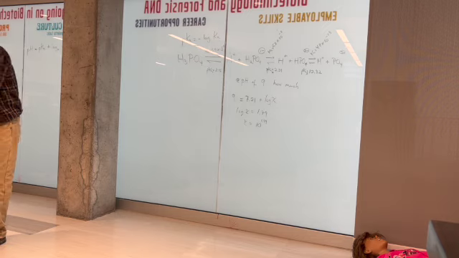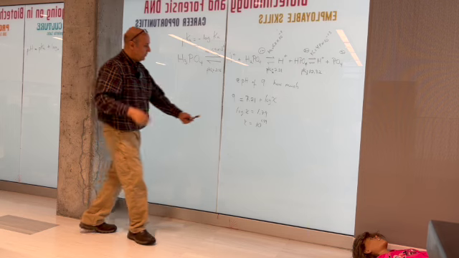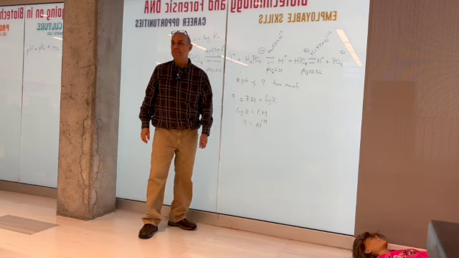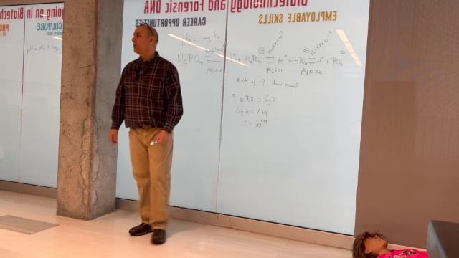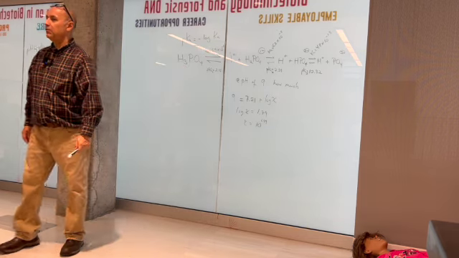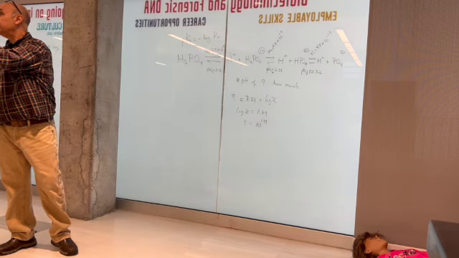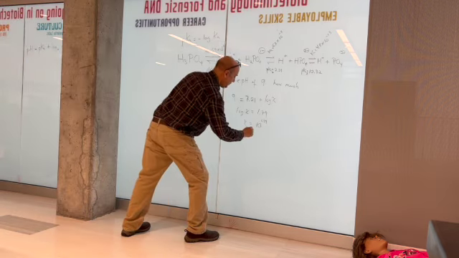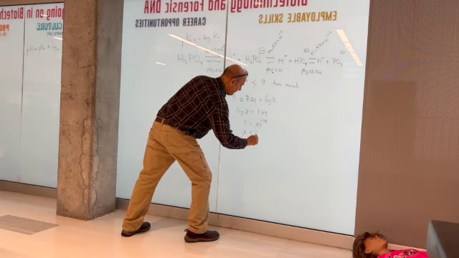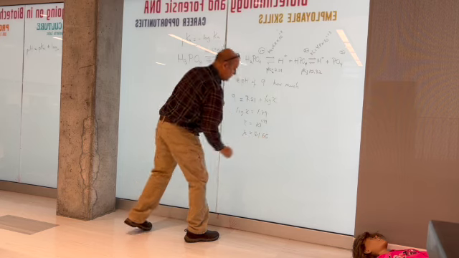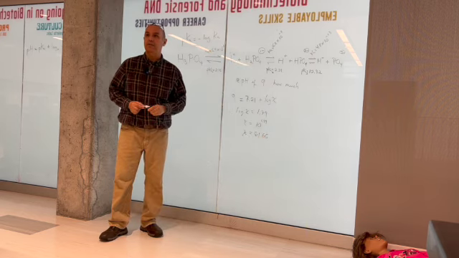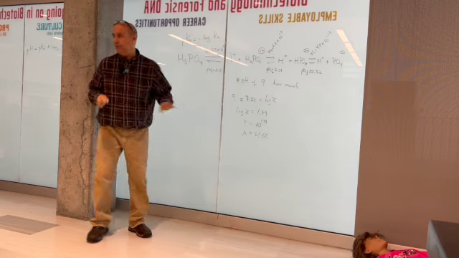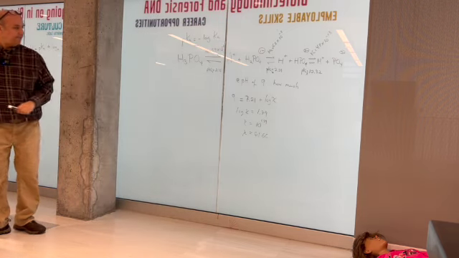What do you guys get when you raise 10 to the 1.79? I need two values that are the same so that we know we did it right. I have 61.66. 61 point 61.66. Anybody else getting that? You got that? Okay, perfect.